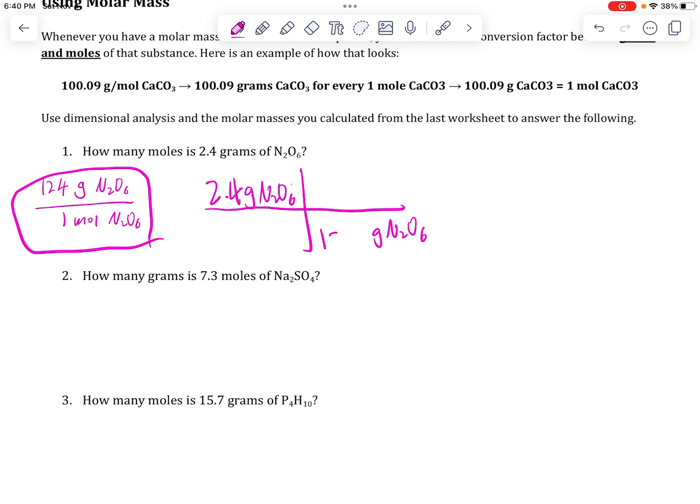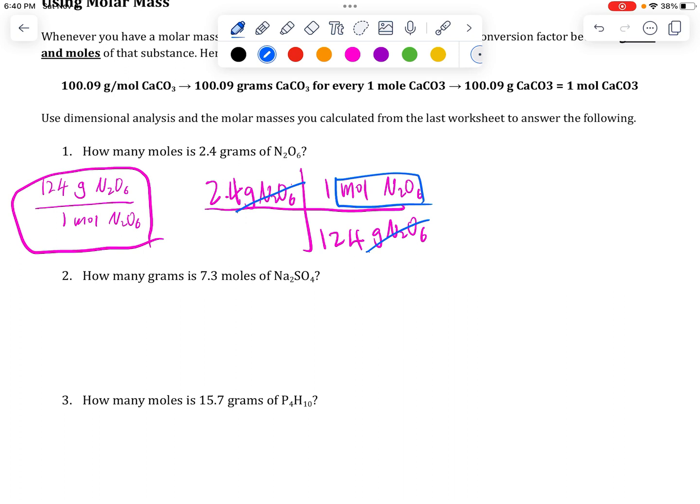So let's bring it down here, which means I will have 1 mole of N2O6 right here. Okay. The units go away. The only thing that I'm left with is moles of N2O6, which is exactly what I want to find here. So that's 2.4 divided by 124. Okay, 0.019 moles of N2O6.